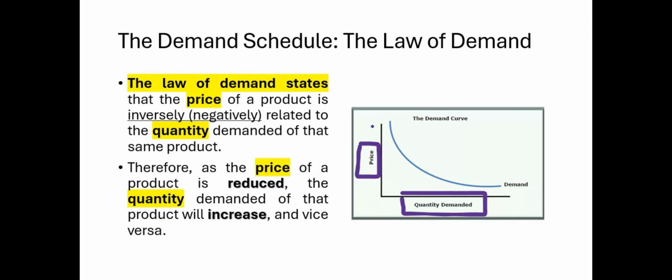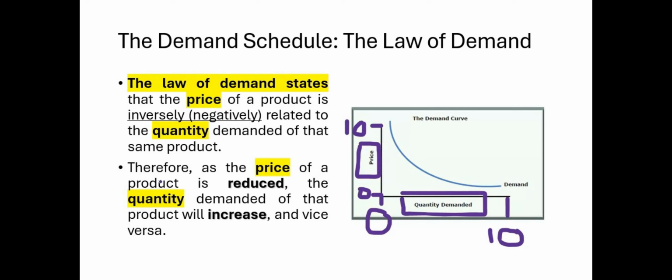Meaning, if we assume that the lowest price is 0 and the highest price is 10, and the same thing in here, let's assume that the lowest demand is 0 and the highest demand is 10 units. Now let's try to see the relationship between the prices and the quantity demanded through this curved blue line.